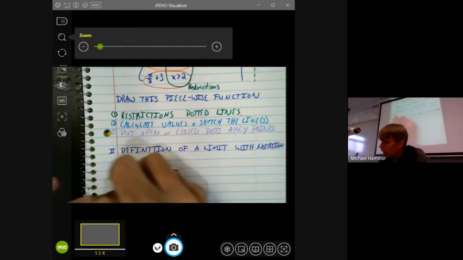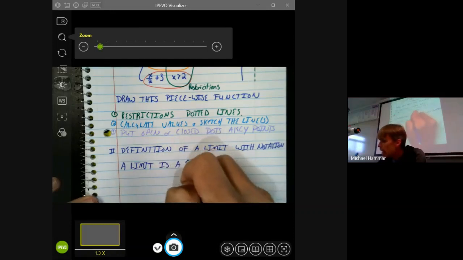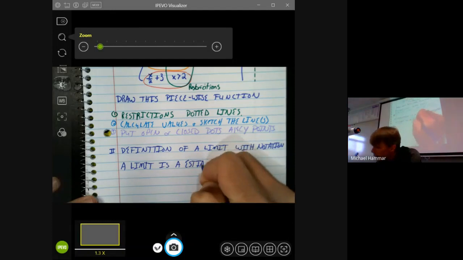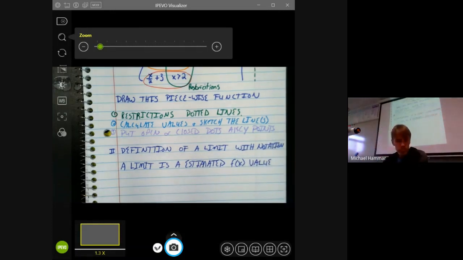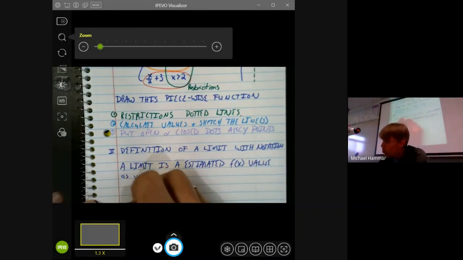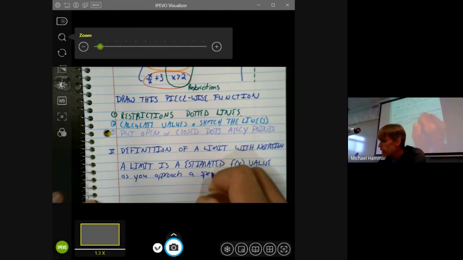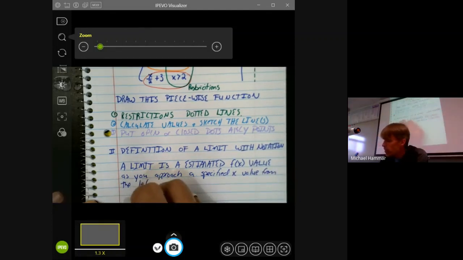Okay, a limit is an estimated f of x value, okay, as you approach a specified x value from the left and the right.